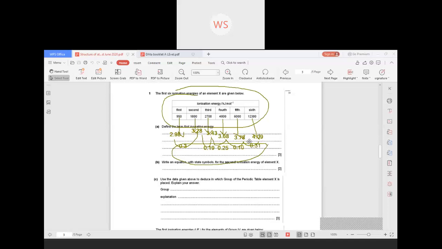So if the inner electron is taken out, then we know how many electrons are in the outermost shell. So that is the explanation behind it.